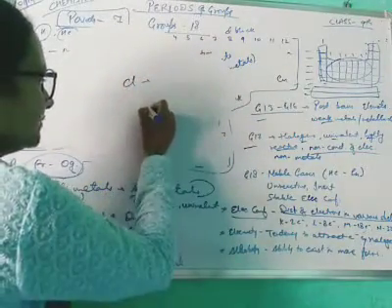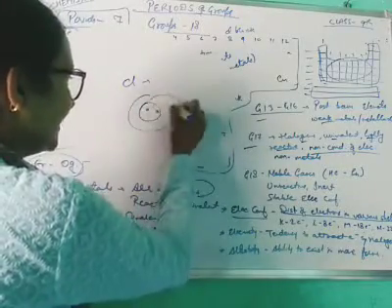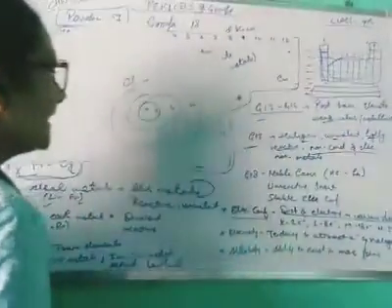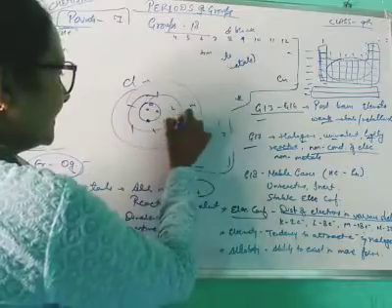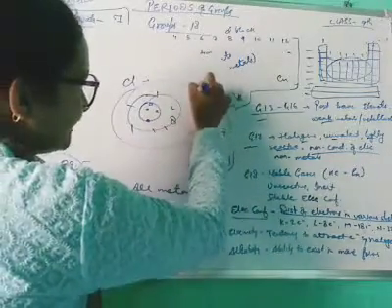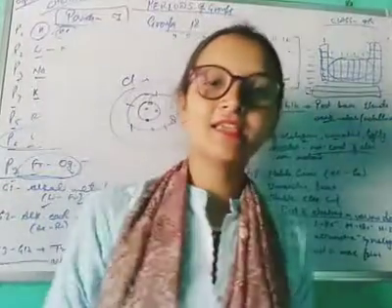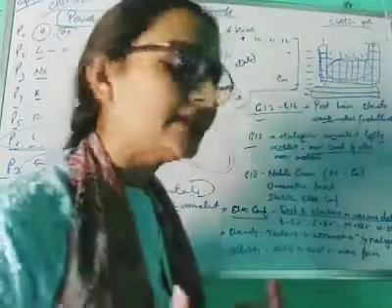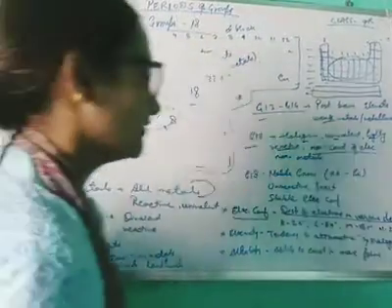The nucleus is at the center, and there are K shell, L, M, and then N, O, P, Q, and so on. The K shell must have 2 electrons, the L shell must have 8 electrons, the M shell 18 electrons, after that 32 electrons, and it increases as the shells increase around the nucleus of an atom. So it is the electronic configuration.